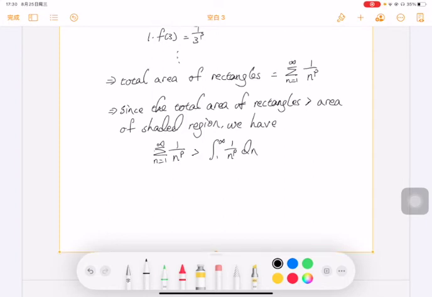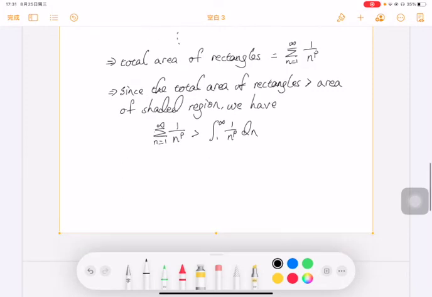This statement proves the second part of the test of convergence because 1 over n to the p is not integrable on 1 to infinity when p is between 0 and 1.